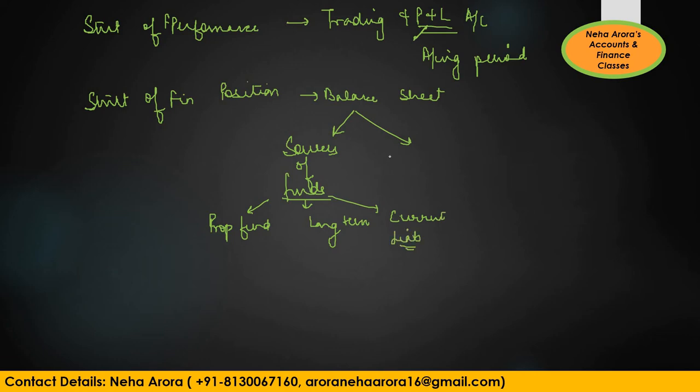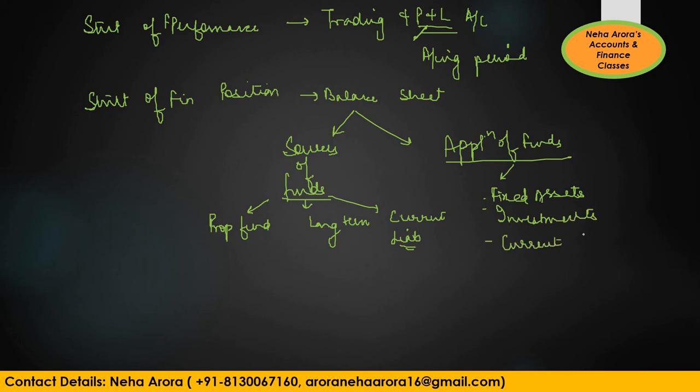The other side of the balance sheet is known as the application of funds. As the name suggests, how are you applying and utilizing your funds? In which assets are you investing? Are these fixed assets that you have purchased for the organization, or other investments? Or are you investing your funds into inventory or debtors, which are known as current assets?